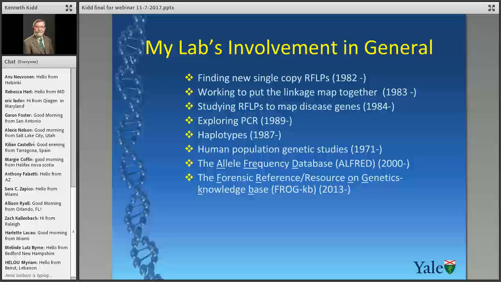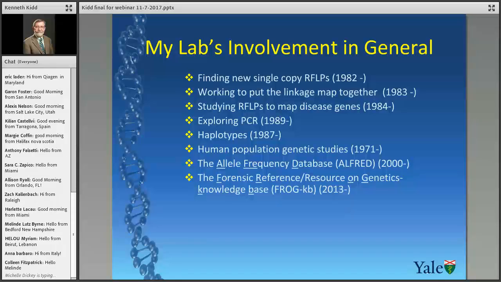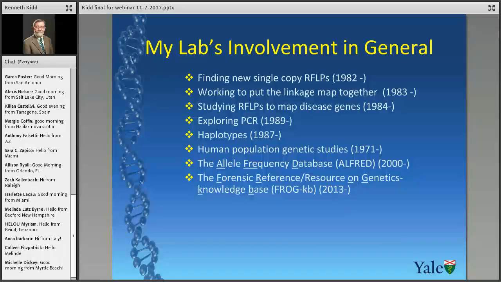My lab got involved a long time ago, finding new RFLPs, working to put the linkage map together, studying RFLPs to map diseases, exploring PCR when it became available, working with haplotypes.